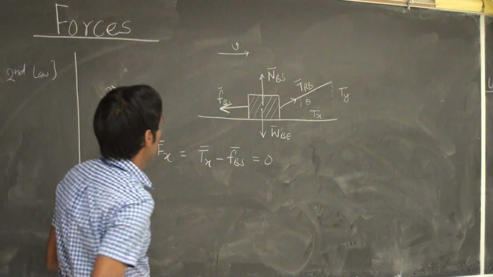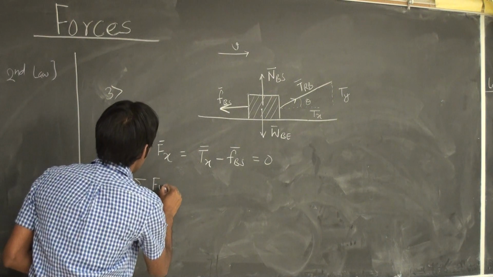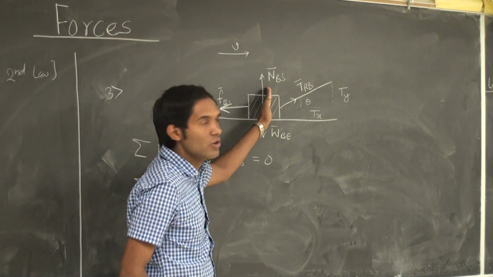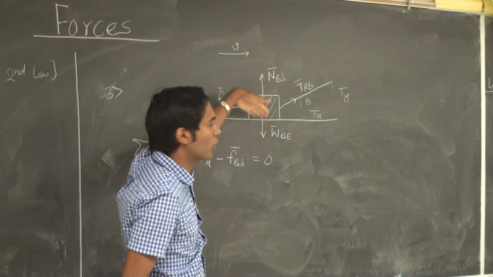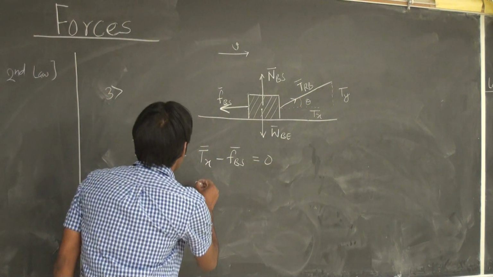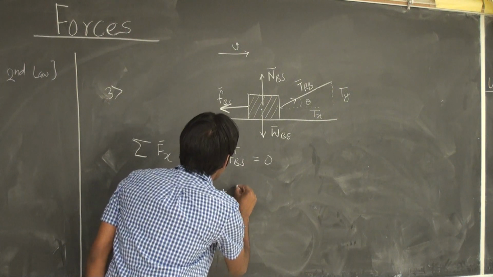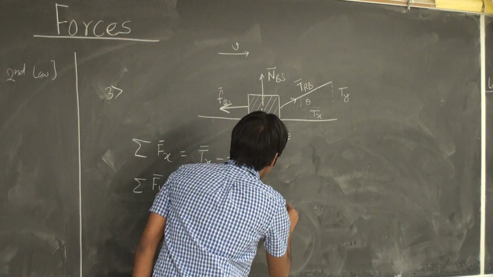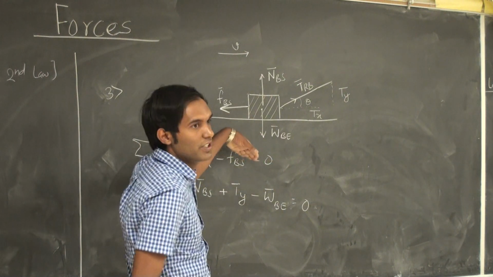And if you look at the vertical components of the force, there are three vertical forces. One is the normal force, another is the y component of the tension force, and another is the weight that is going down. So you can write NBS plus Ty minus WBA, and that should also go to 0 because the system is in equilibrium.